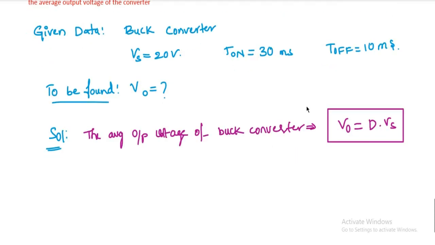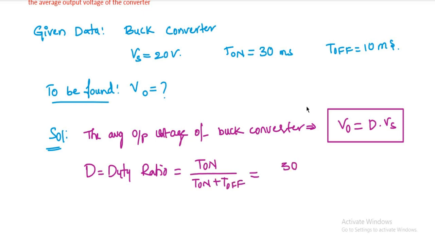Duty ratio D equals T on by (T on plus T off). T on given in the question is 30 milliseconds, so it is 30 by (30 plus 10), which is 30 by 40, equal to 3 by 4.